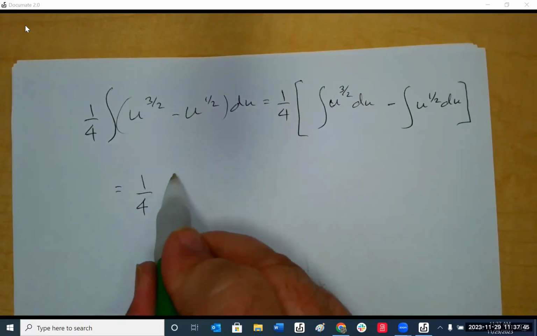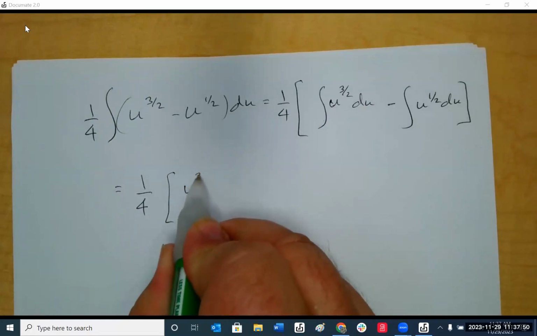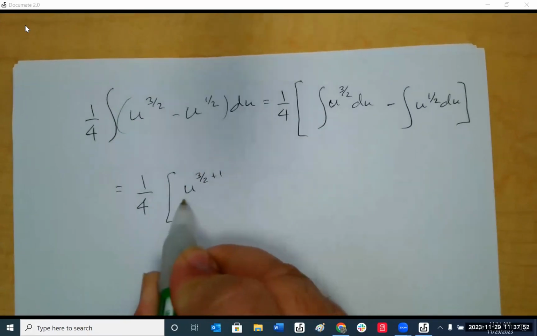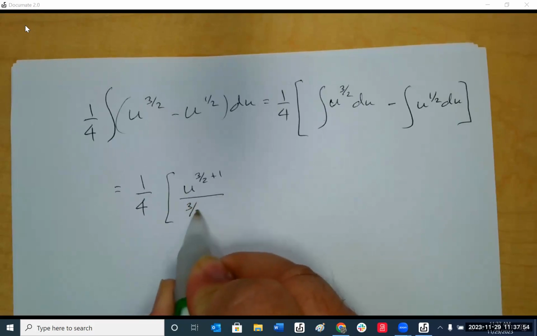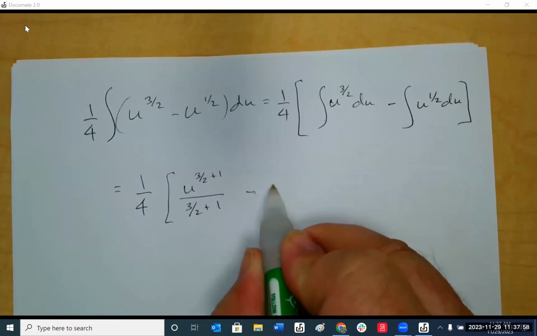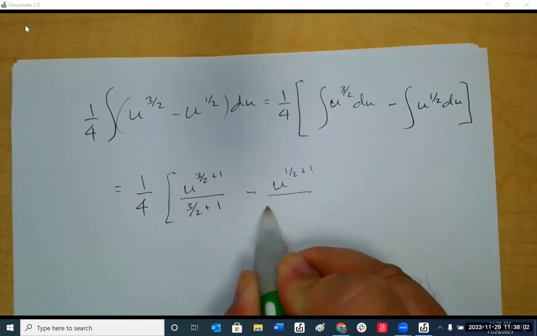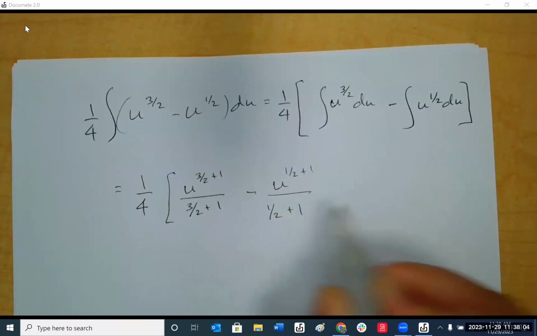One fourth. The integral of the first one is u to the 3/2 plus 1 over 3/2 plus 1, minus u to the 1/2 plus 1, and the bottom is 1/2 plus 1.